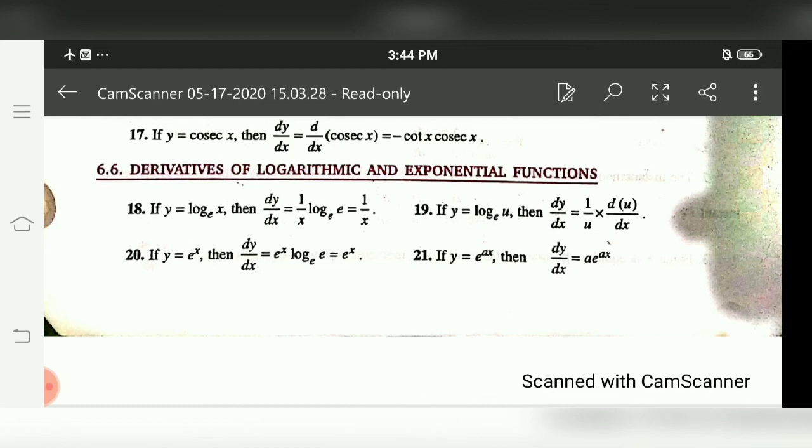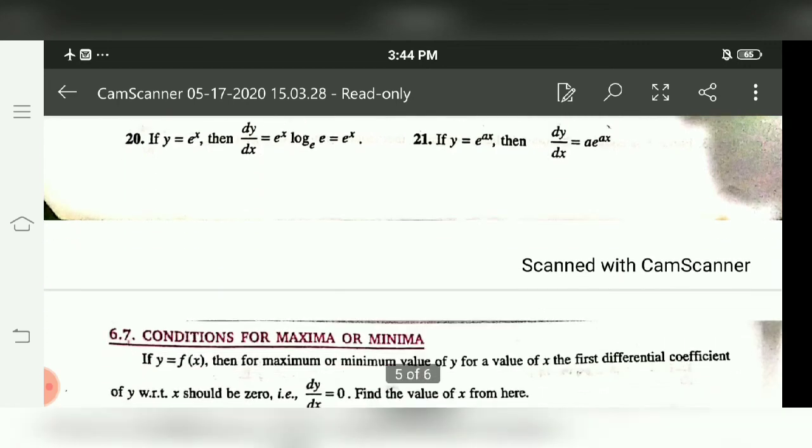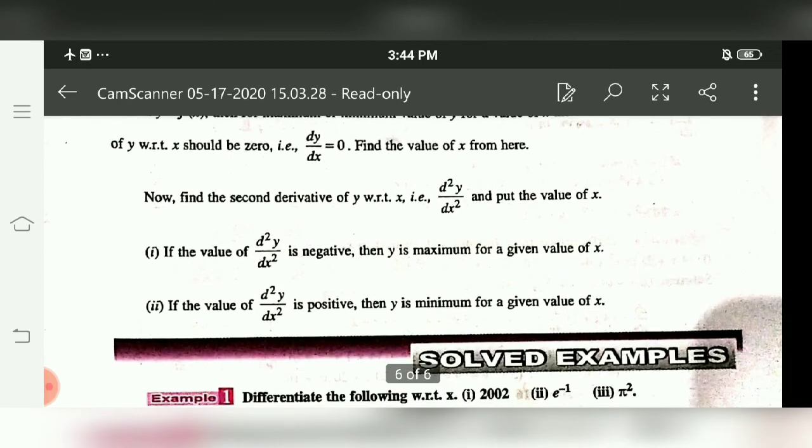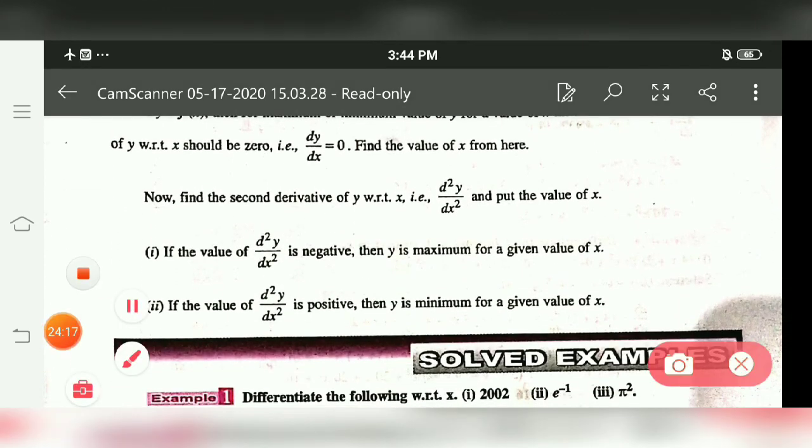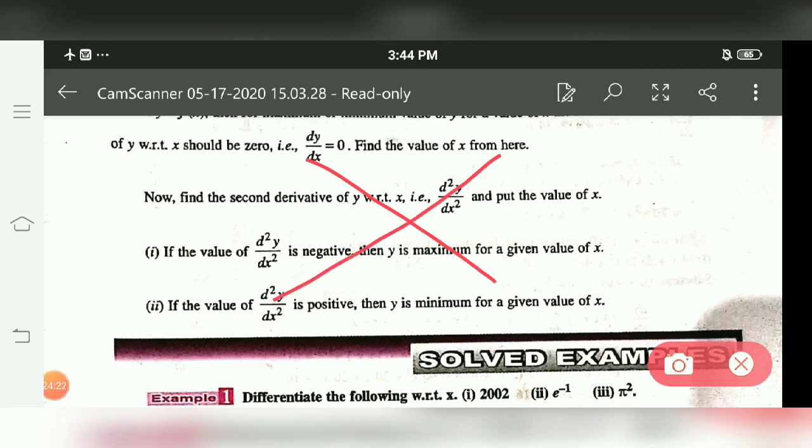Log, differentiation, integration, vector, these are the tools that you cannot avoid, because you have to use them again and again in each and every part of your physics. So for right now, no need to do maxima and minima. I will discuss it with you if we encounter any question related to this.